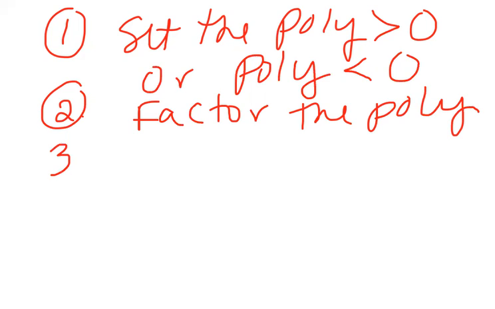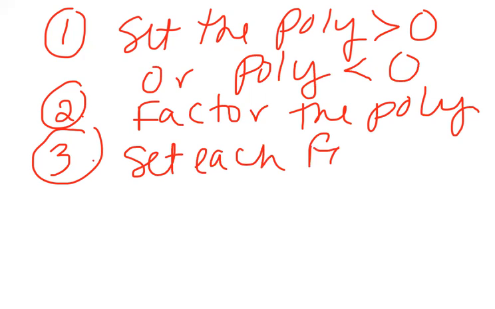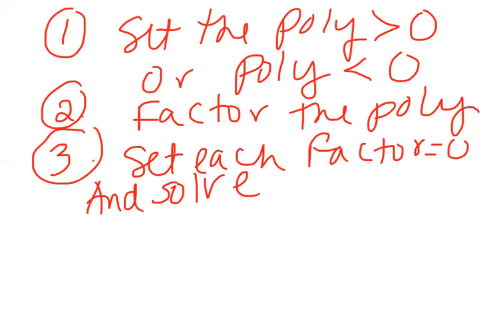Number 3, you want to set each factor equal to 0 and solve. Now, this is a little different, guys. When you solve, you get these zeros. We don't necessarily call them zeros.